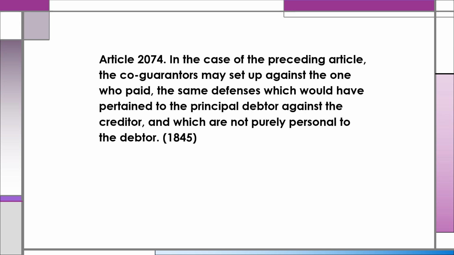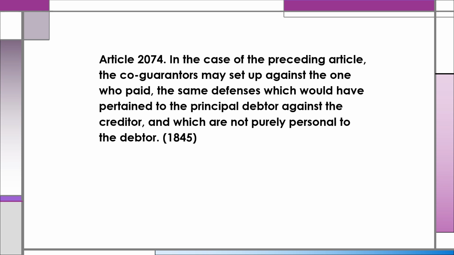Article 2074. In the case of the preceding article, the co-guarantors may set up against the one who paid the same defenses which would have pertained to the principal debtor against the creditor and which are not purely personal to the debtor. So, what defenses may be set up by the guarantor against his co-guarantors?